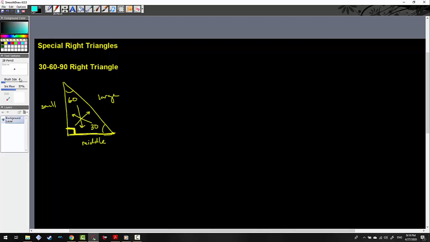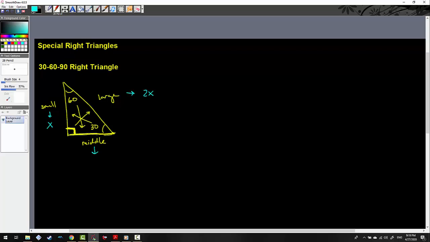So how do these ratios work? Well, remember, in the 45, 45, 90 right triangle, it went x, x, and then x rad 2. Well, in the 30, 60, 90 right triangle, it goes a little bit different. The small side is going to be x. The middle side, well, maybe I'll hold off on him. The large side is 2 times the small side.